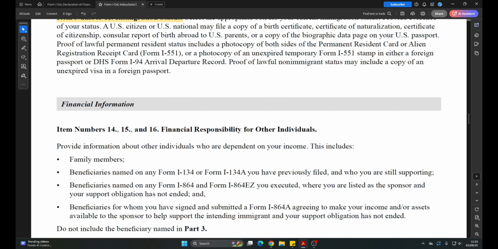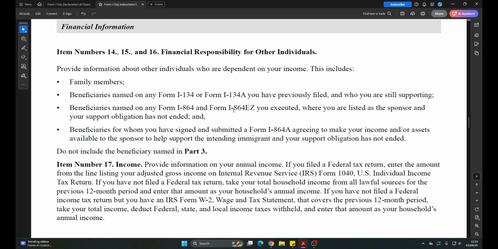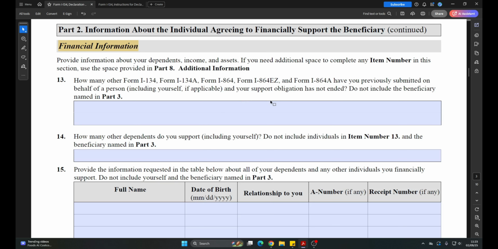So let's talk about financial information. We're going to be referencing the form instructions here as well to clarify for us what exactly they're asking for. So in question 13, you need to first indicate how many other forms I-134, I-134A, 864, 864EZ, or 864As you have previously submitted.